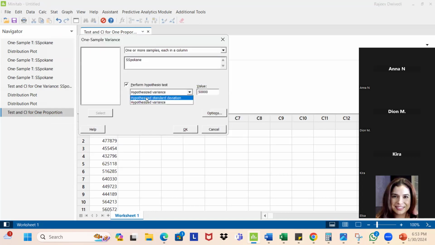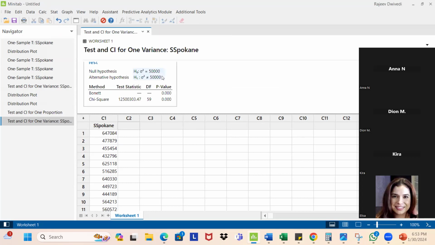Variance and standard deviation, both options are given. So I select the variance and I select the data, and the null hypothesis and alternative hypothesis say variance is 50,000 or not, and the p-value suggests variance is not 50,000.